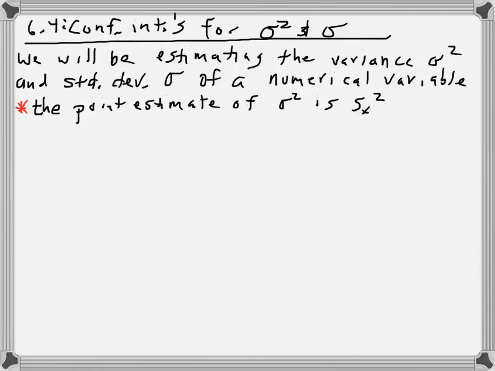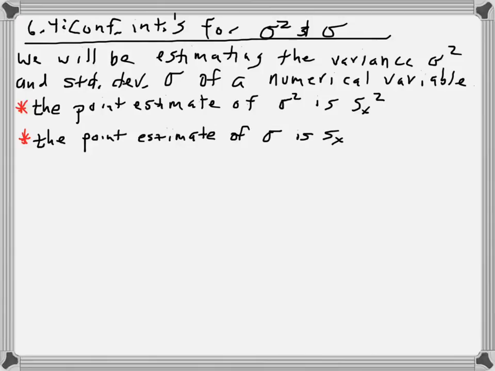Okay, so what's the best way of estimating the variance or the standard deviation? Well, if you have your data available, use the sample standard deviation from your data. So the idea is if I have maybe a list of 10, say, SAT scores, I not only find the mean, x bar, but I also find S sub x, the standard deviation, and we had to do that for t-intervals.